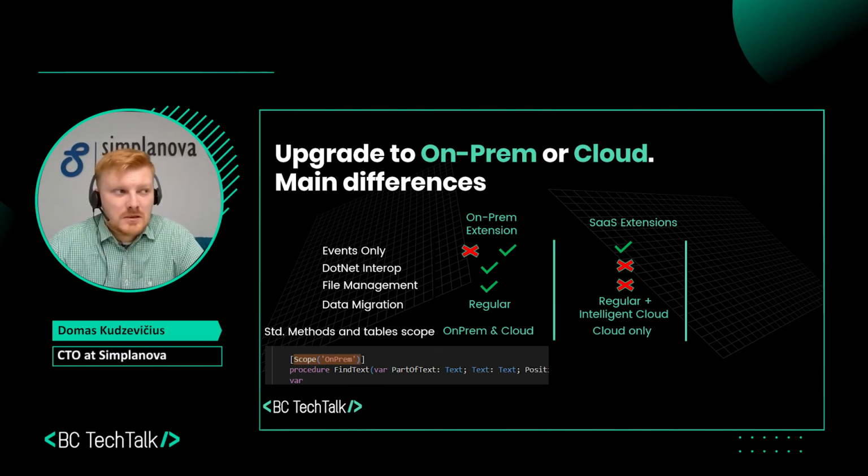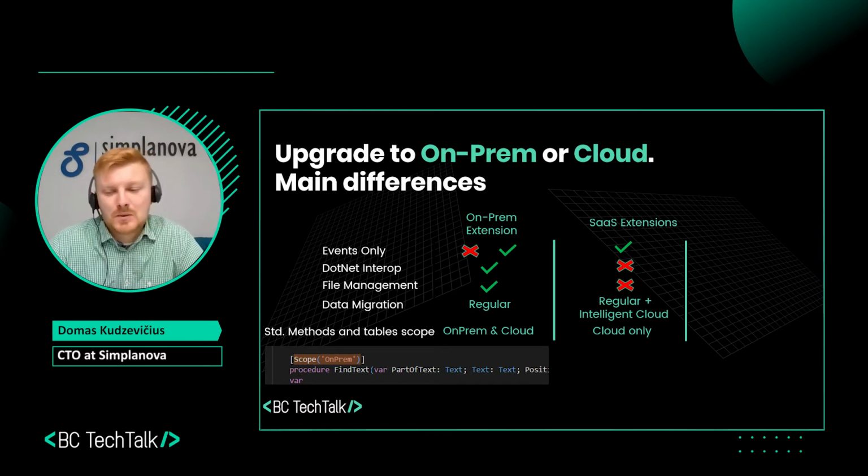What usually happens in our practice is that there are a lot of events missing in Business Central, and you have no place to hook to, right? And you decide that you're going to make this change in the base app.